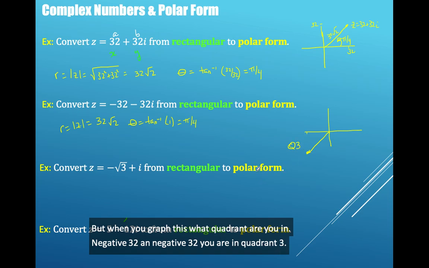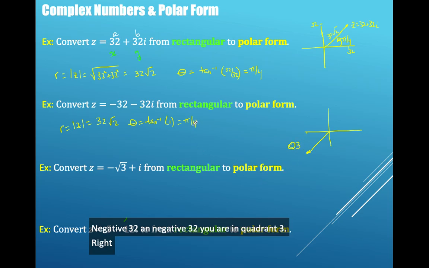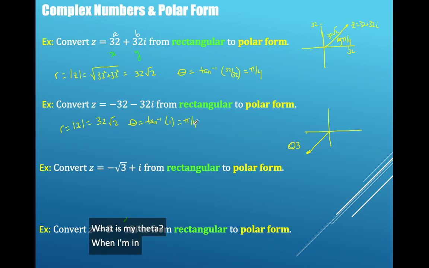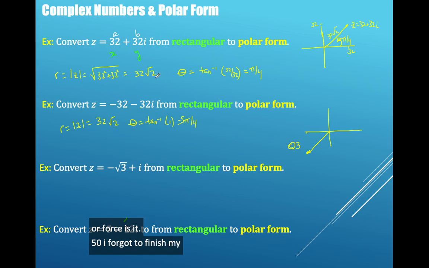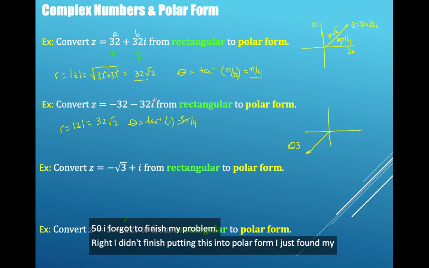Right? So, what is my theta when I'm in quadrant 3? It is a pi over 4, but how many pi over 4s is it? 5. Oh, I forgot to finish my problem. I didn't finish putting this into polar form. I just found my 2 answers.